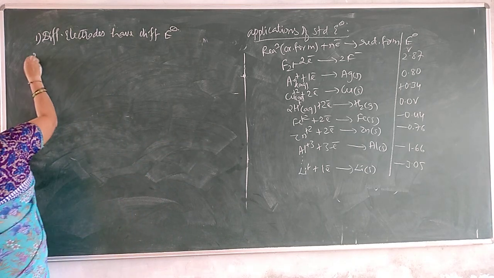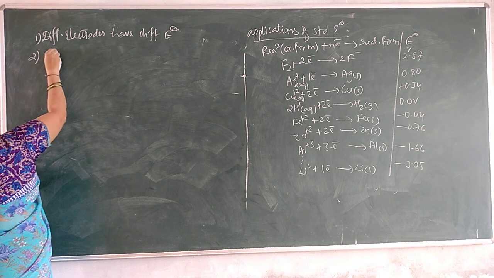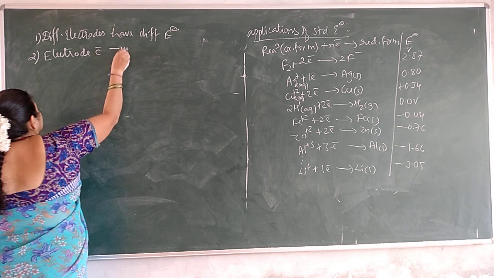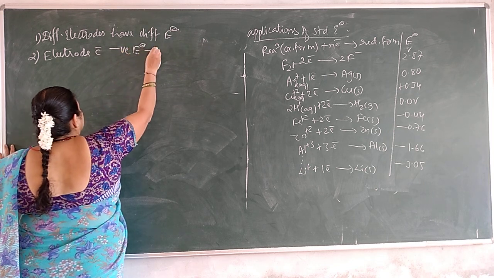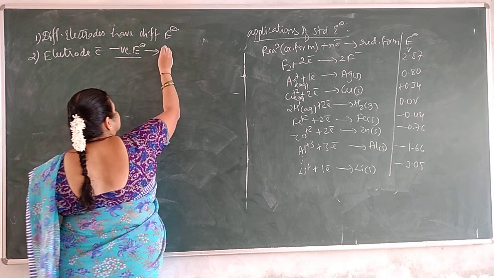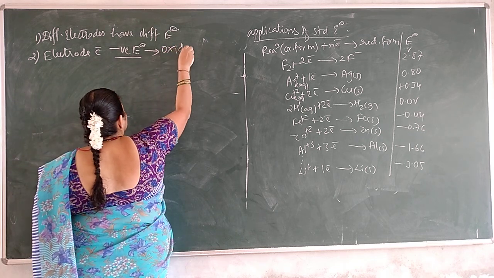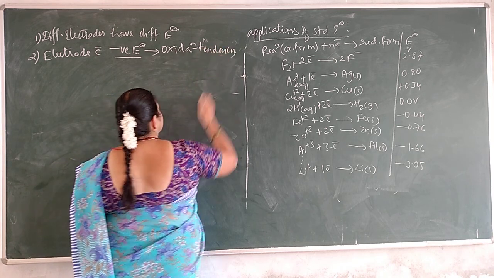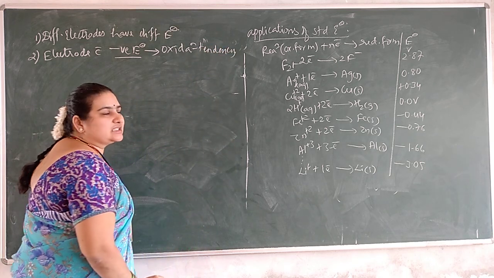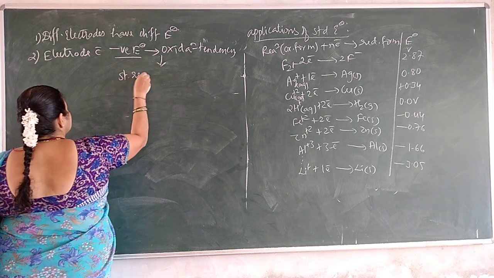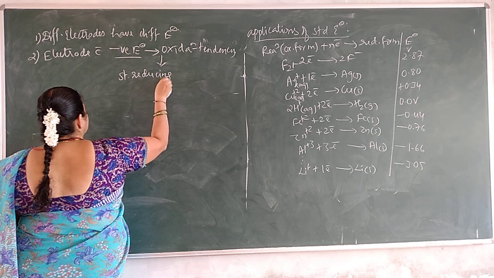Now the second property: an electrode with negative electrode potential has oxidation tendency, so it undergoes oxidation easily and acts as a strong reducing agent.